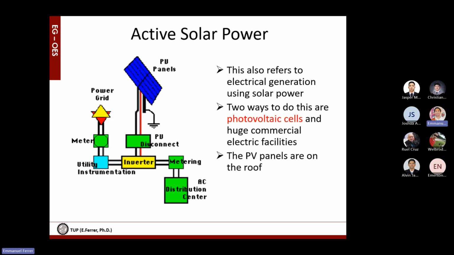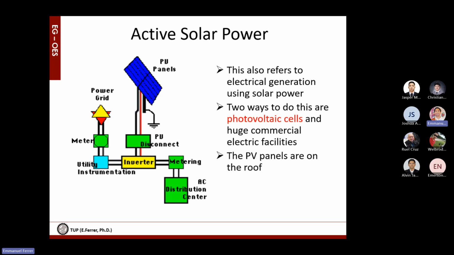Tapos sa right side, may metering din, then AC distribution center. Ito yung sa mga houses most likely, no, or kung isang bahay lang sa mga appliances. So meron tayong tinatawag na net metering.